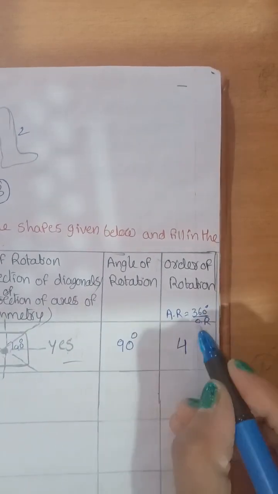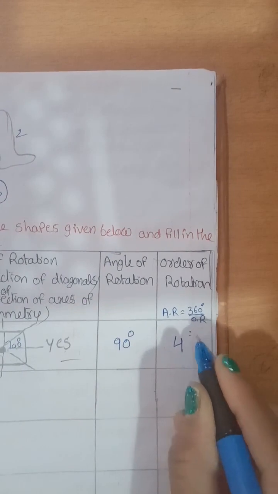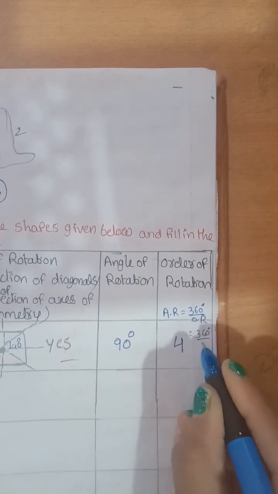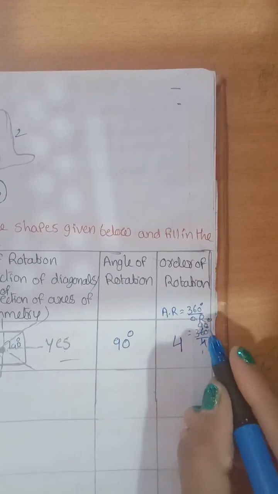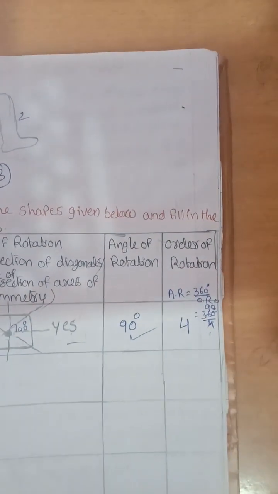So 360 degrees divided by 4 gives 90, and in this way you can also find the angle of rotation.